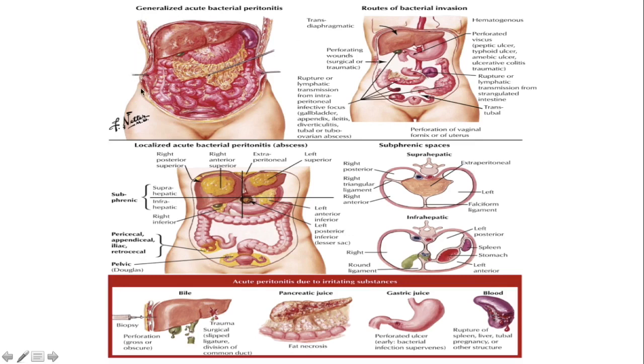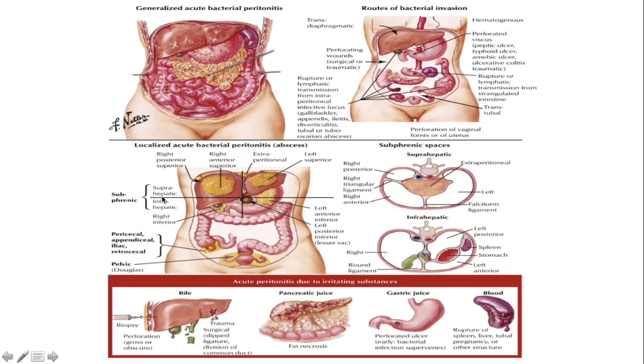It essentially involves everything in the cavity that has peritoneal lining. So it involves the surfaces of the liver, the serous surfaces of the bowel, the mesothelial lining of the cavity itself, etc. In contrast, localized peritonitis refers to pockets of inflammation of the serosa, which can form abscess.